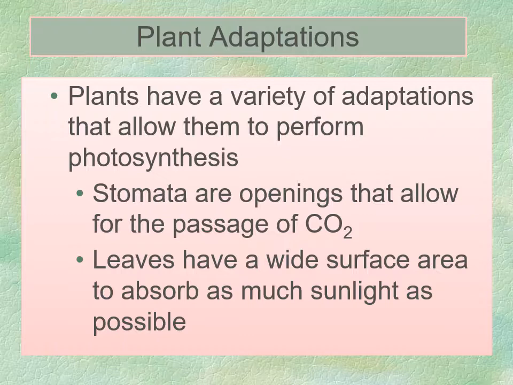However, this means that there's a lot of oxygen building up and they're not breathing in new CO2. This also means that they will not lose water though from evaporation. Once again, they are making a buildup of oxygen and they are not getting any new CO2. Leaves will have a wide surface area to absorb as much sunlight as possible as well.